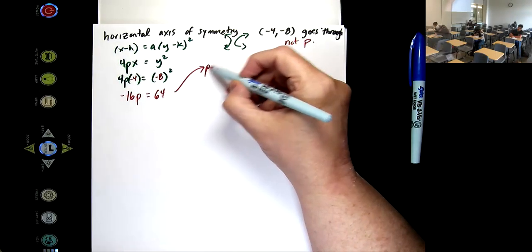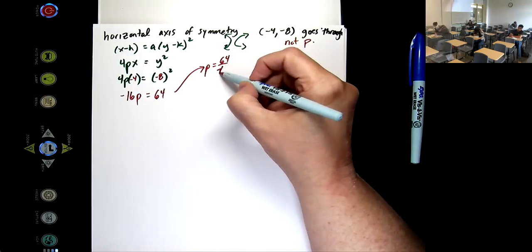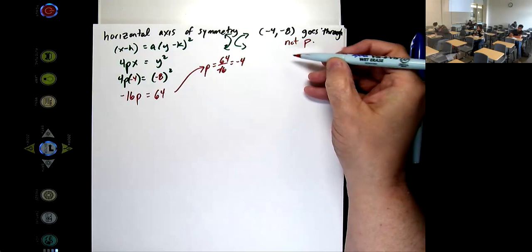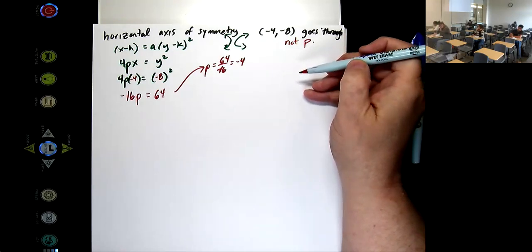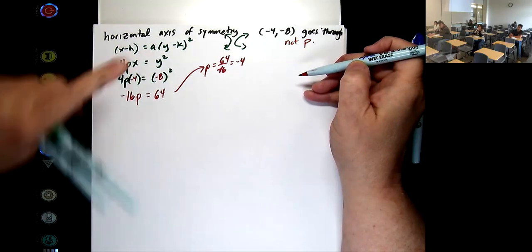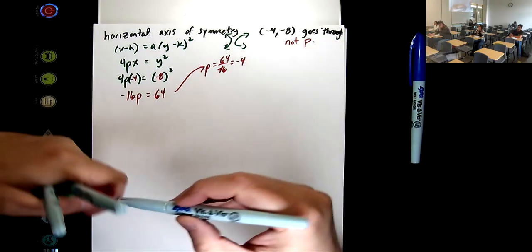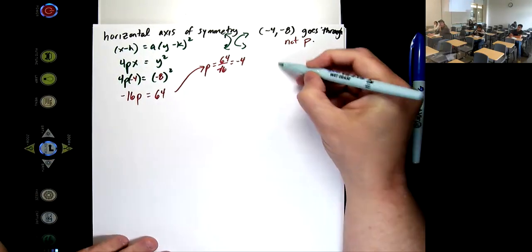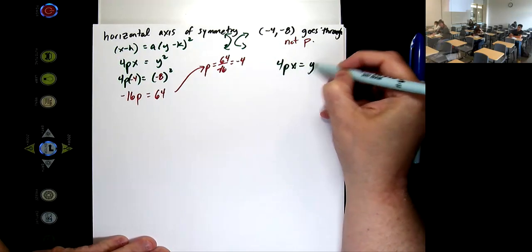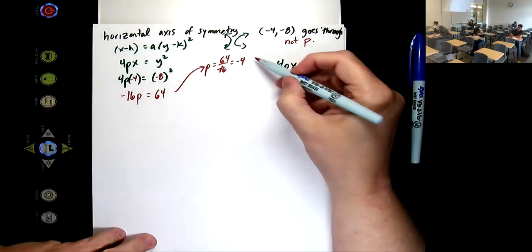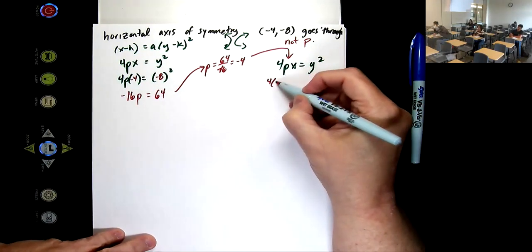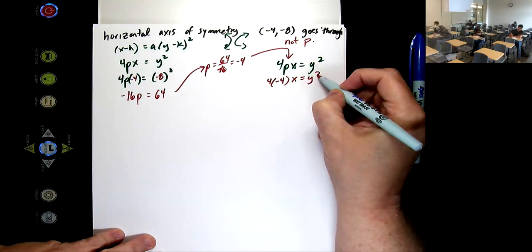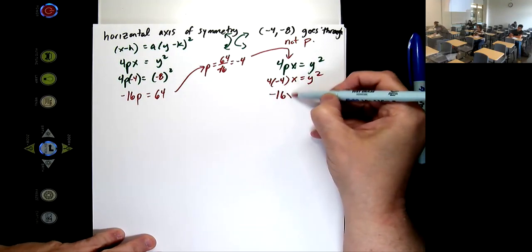Which means p is 64 over -16, which is -4. Which is just coincidence, is the same thing as the x. So we go back to what we had, 4px equals y squared. And we're gonna take our p and plug it in. -16x equals y squared.